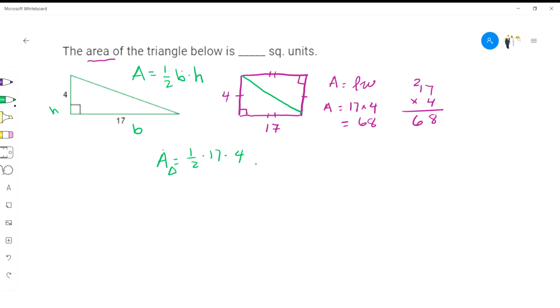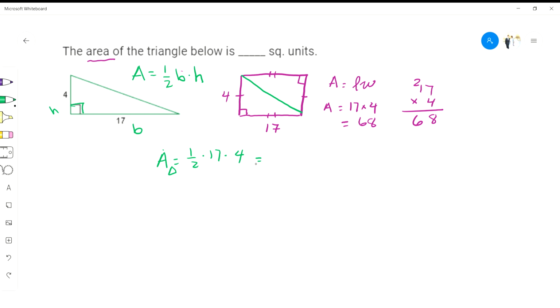The height always meets the base, or the horizontal of the base, at a 90-degree angle. I realize that you can't see my pen, which is unfortunate. Okay, so we know that 17 times 4 is 68.